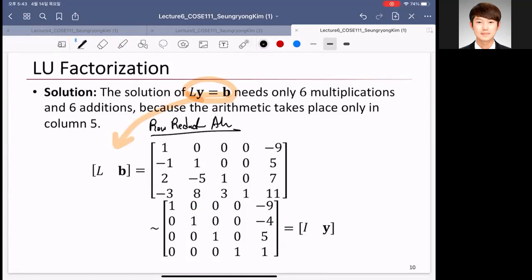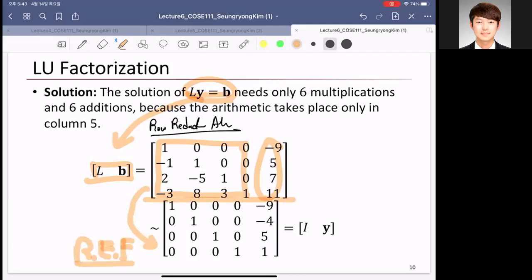First, let's make the augmented matrix with L and P. We want to row reduce this to REF form, and then this will be the solution y, because in this reduced form we can directly know that x1 is equal to -9, x2 is equal to -4, x3 is -5, x4 is equal to 1.